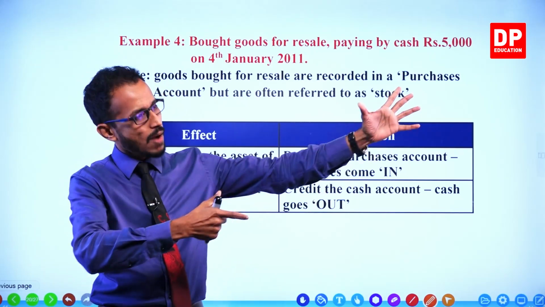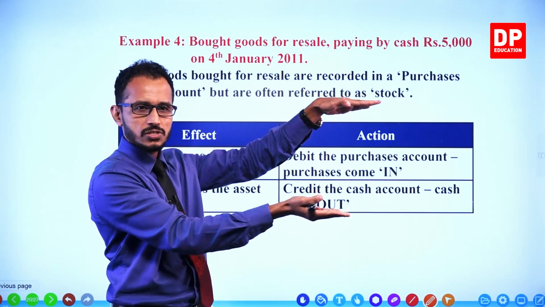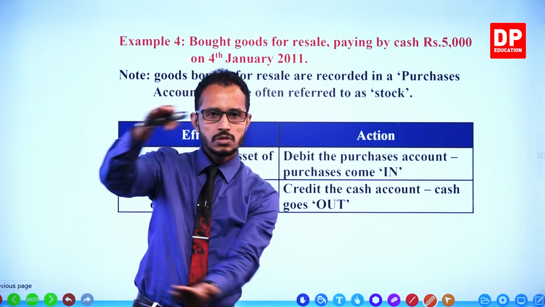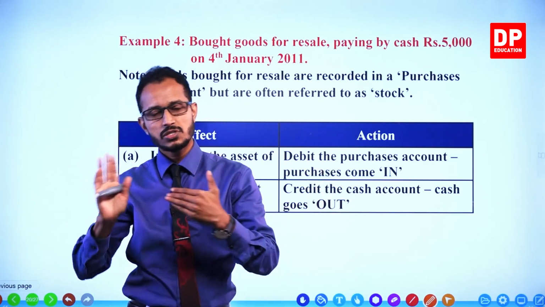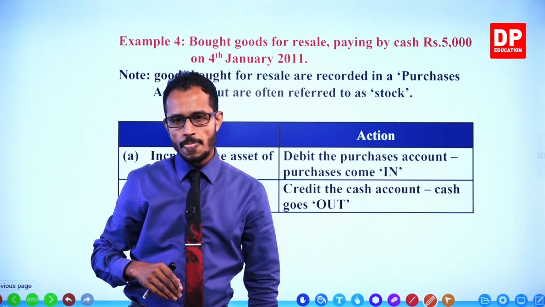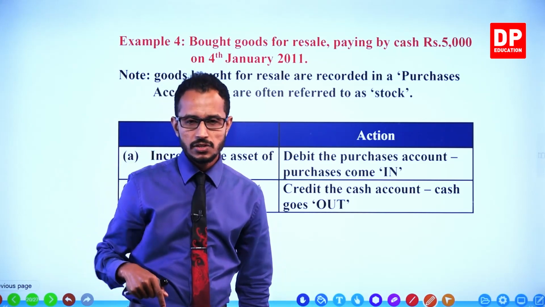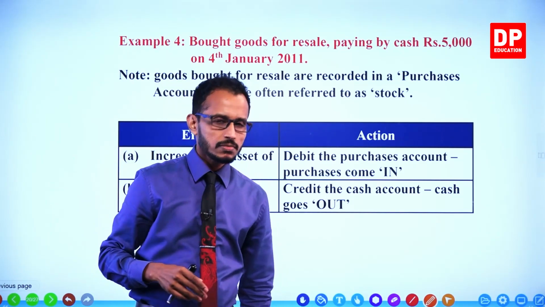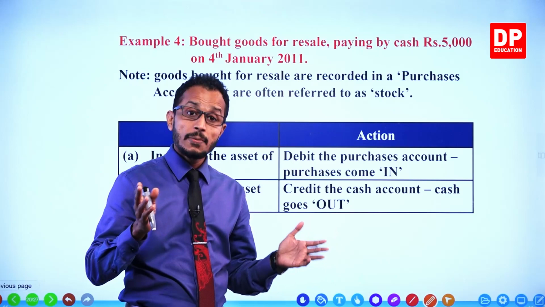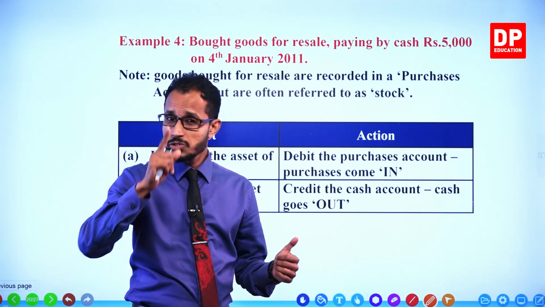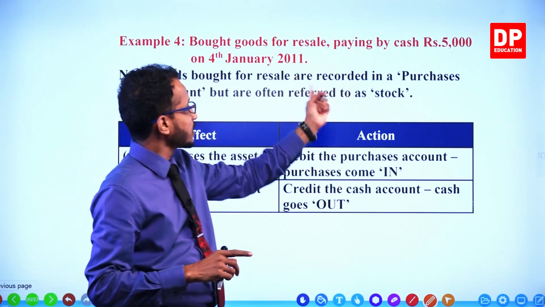When we buy goods from our suppliers, stocks of goods, boxes and boxes, or sacks and lorries filled with goods, coming to our shops, maybe you have seen loading and unloading goods to shops, those types of purchases should be recorded in an account called the Purchases Account.